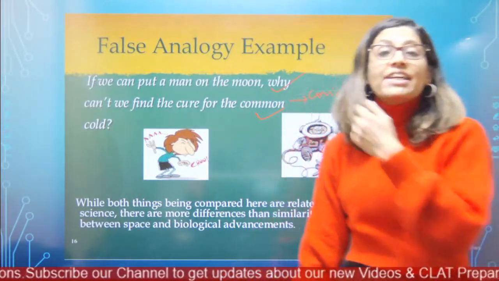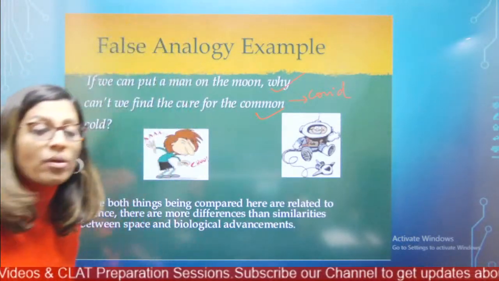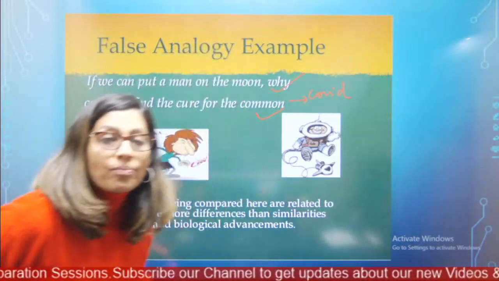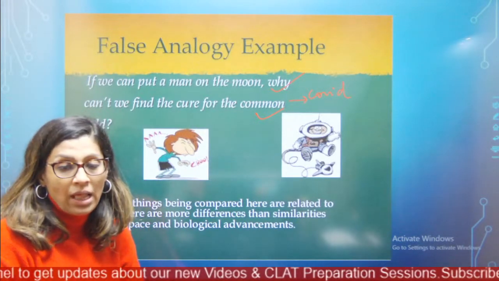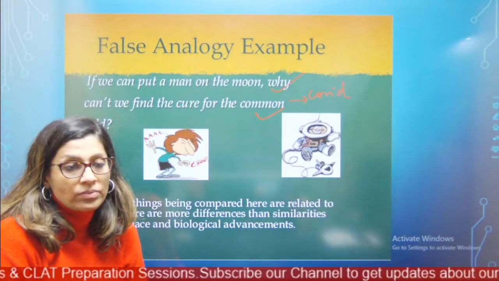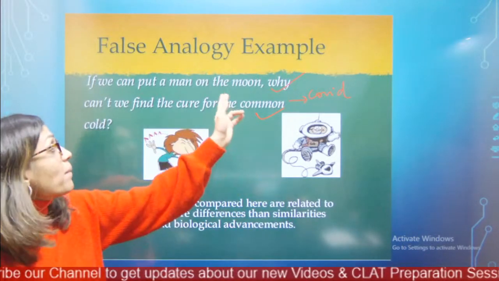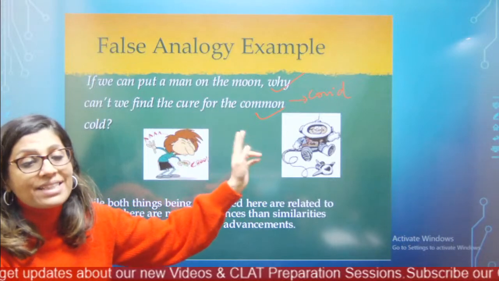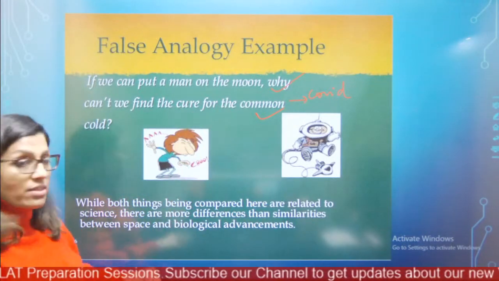So is this a valid argument? You tell me. So what is the similarity between putting a man on the moon and finding a cure for common cold? What is the similarity between these two phenomena? Right. The similarity between these two phenomena is that they both are related to science.